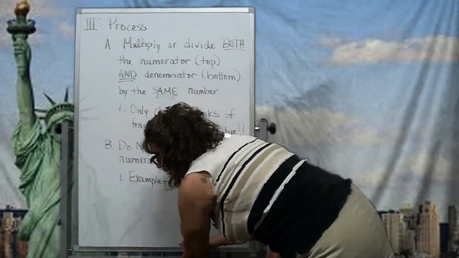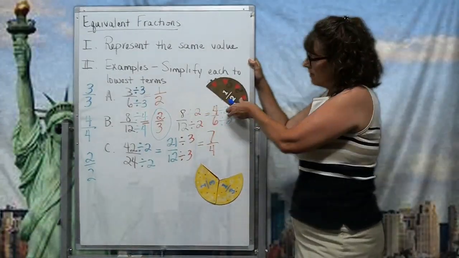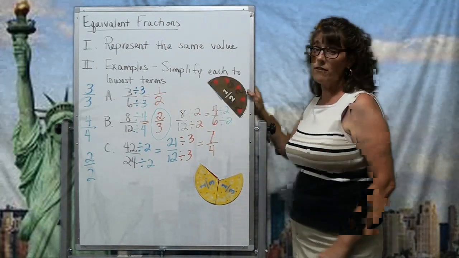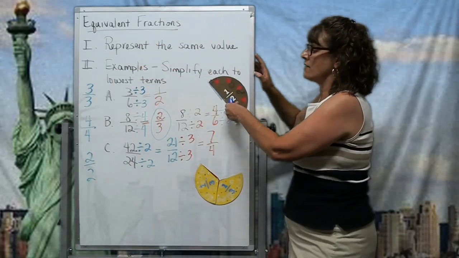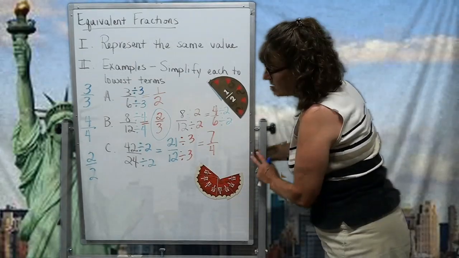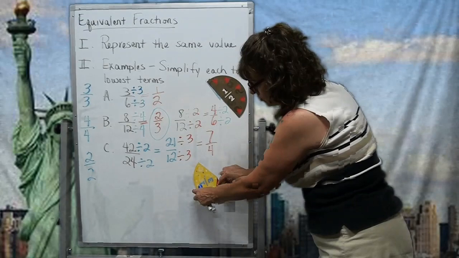That 3/6 doesn't look like 3/6 anymore. It now looks like 1/2. Here was my 3/6. Here is my 1/2. This 1/2 looks different than this 3/6, but you can see they have the same value. And the same thing down here with my 8/12, which I changed into 2/3.